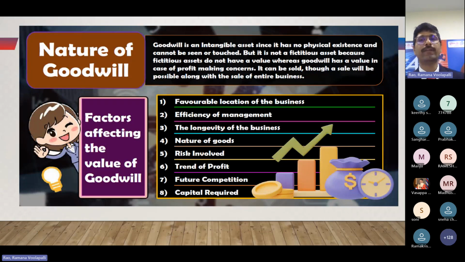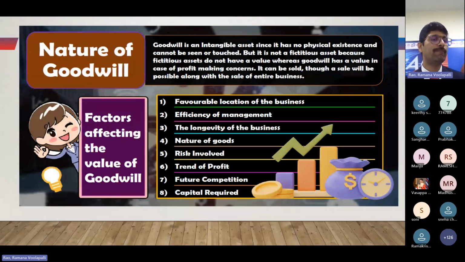But it is not a fictitious asset, because fictitious assets do not have a value, whereas goodwill has a value in case of profit-making concerns. It can be sold along with the sale of the entire business.